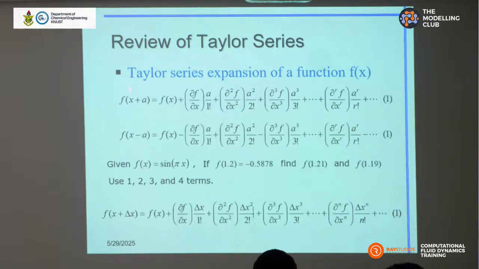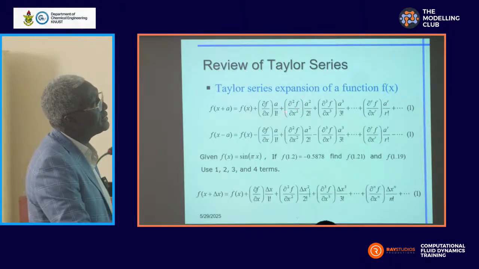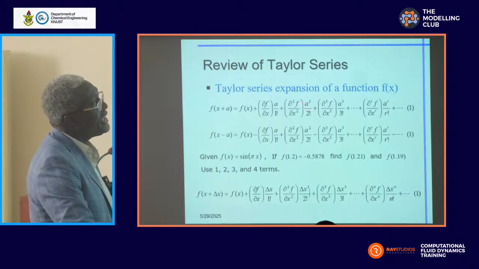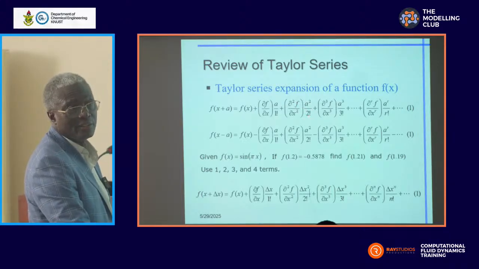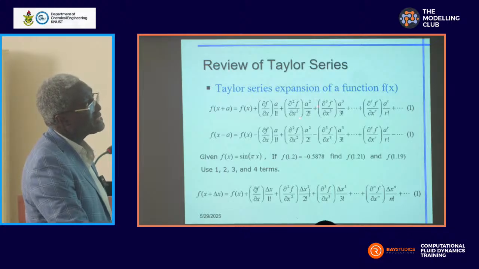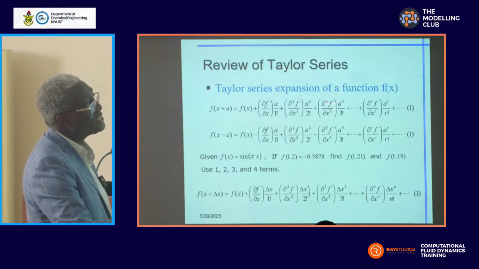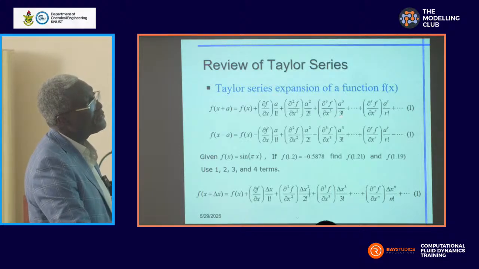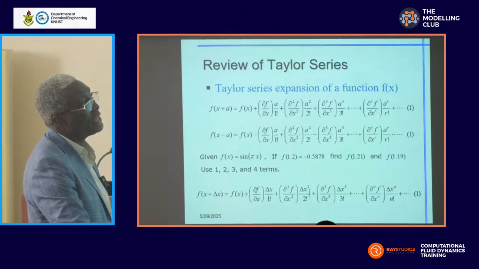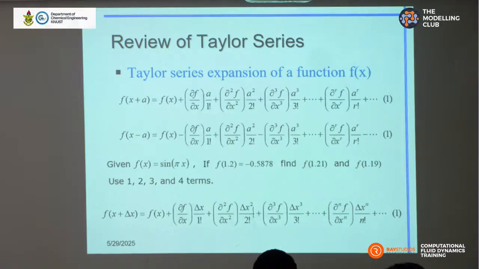Plus the second derivative of the function times a squared divided by 2 factorial. Plus the third derivative of the function times a cubed divided by 3 factorial, and so on and so forth. That is the Taylor series expansion.